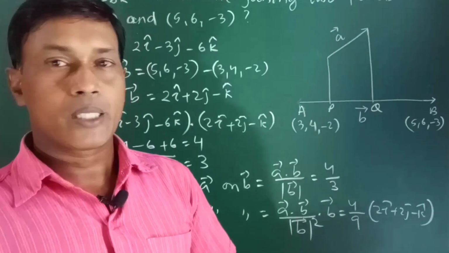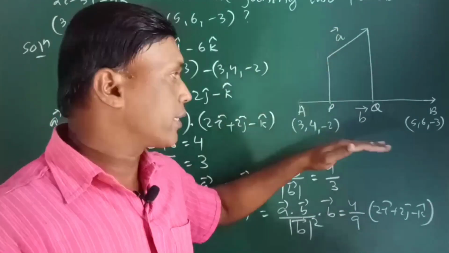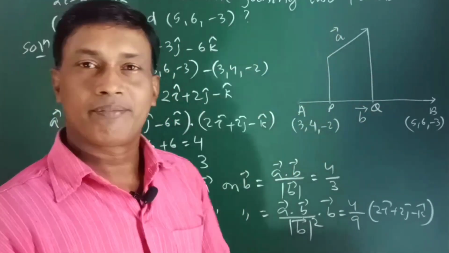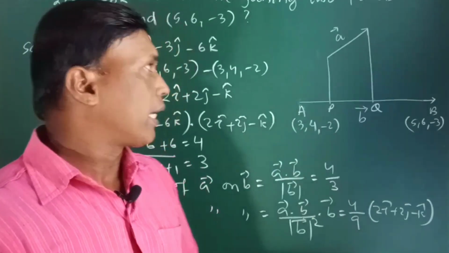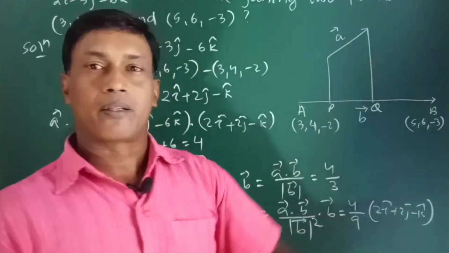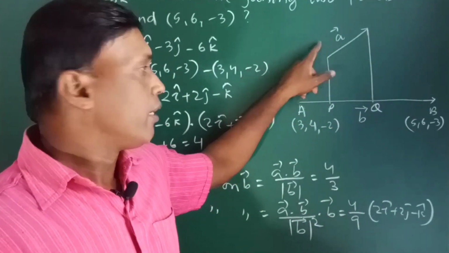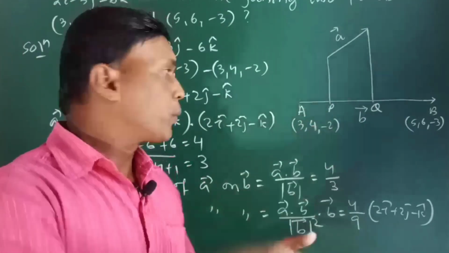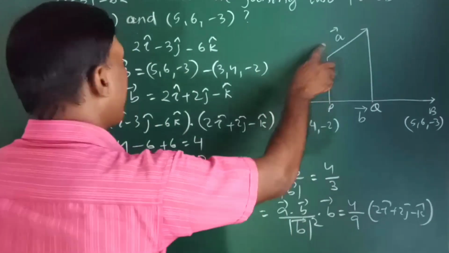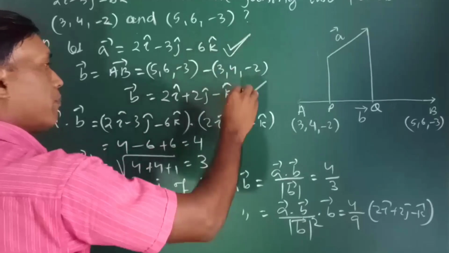If the question is to find the projection of B on A, you can also find scalar projection of B on A, and vector projection of B on A. And in many questions, A vector is given and another vector B vector is given.